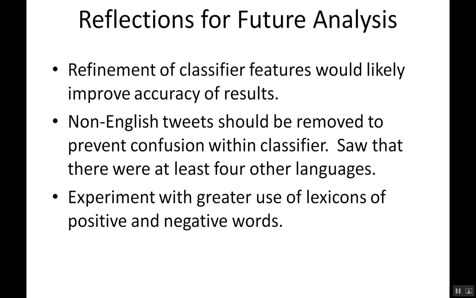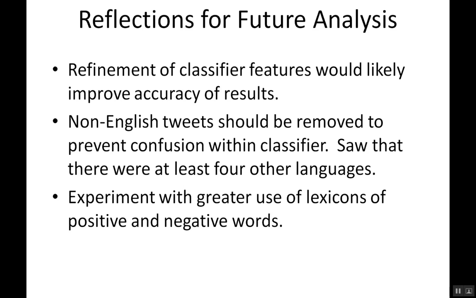There were some words that were popping up that the classifier said had either a negative or a positive connotation that really shouldn't have, like "will" or stuff like that. So adding more stop words would probably be effective. And removing non-English tweets would be good for helping the classifier.